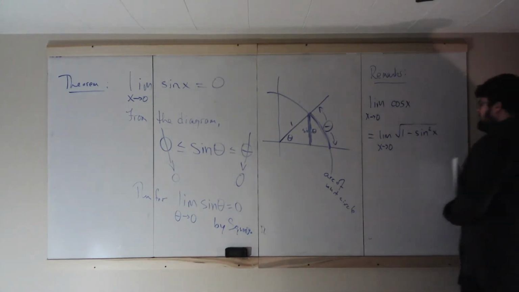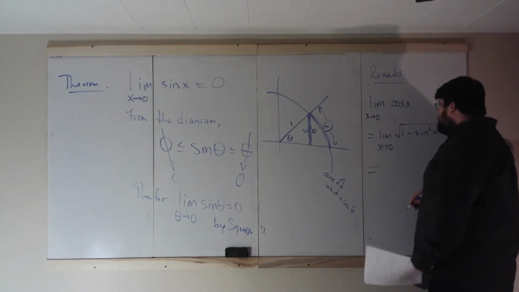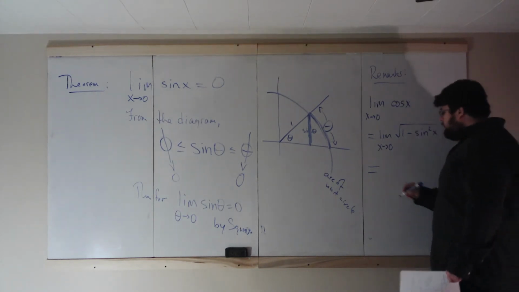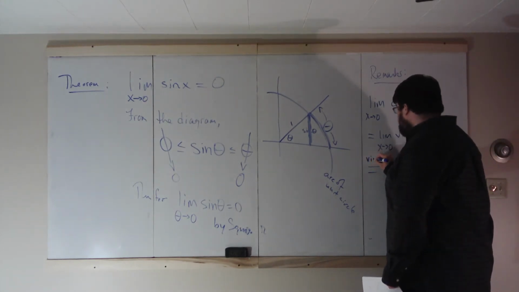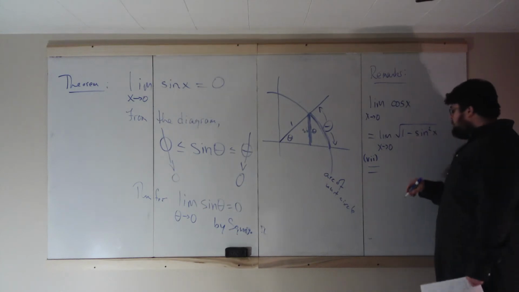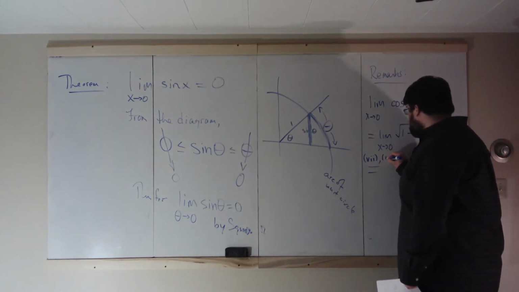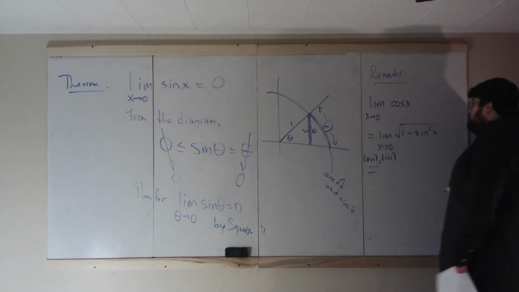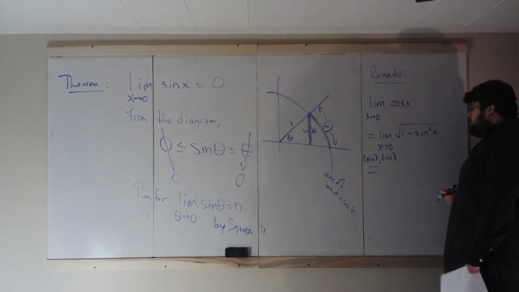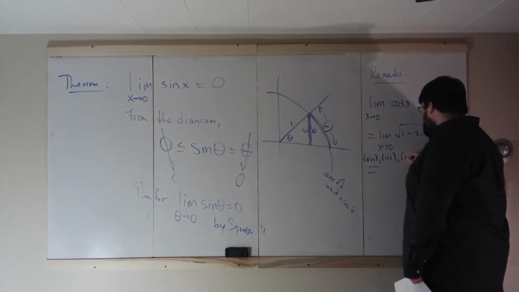So this equals by limit laws, let's see, we have a power, so that's by 7. We have a sum, so that's by 3. We have a limit as x approaches 0 of 1, so that's by rule 1.